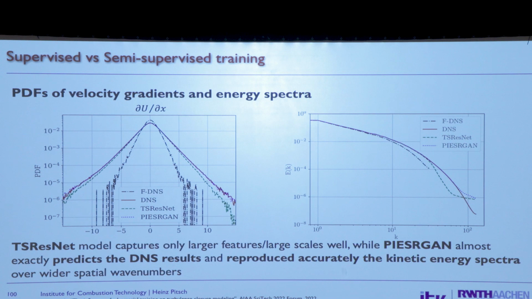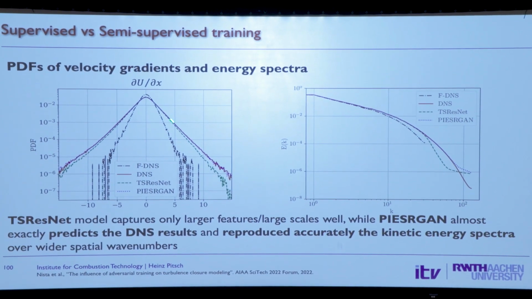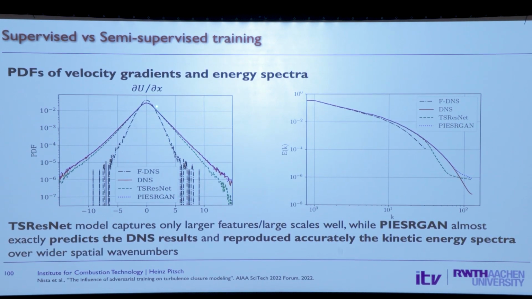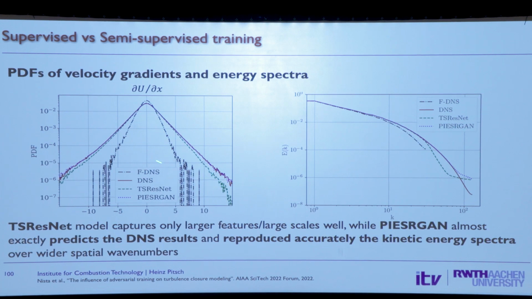We didn't talk about it when we talked about turbulence theory, but it's well known that this is kind of a Gauss function, but for very large gradients, positive and negative, it has exponential tails. That's why in this log plot, this is this kind of linear line. And then here, this is the filtered DNS. And you see the large gradients are gone.